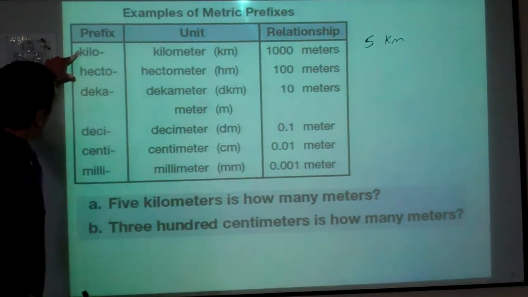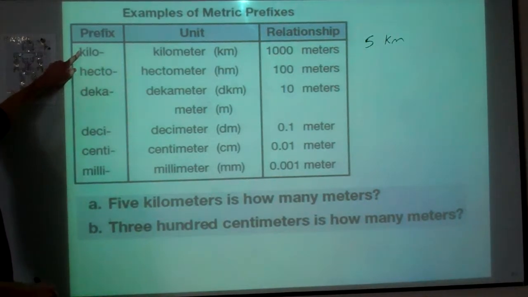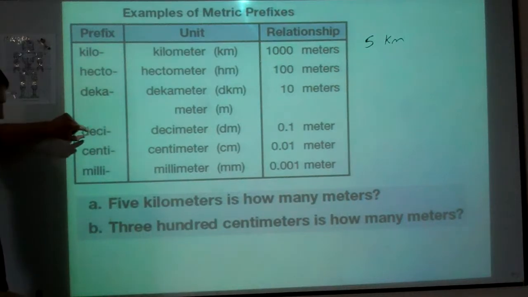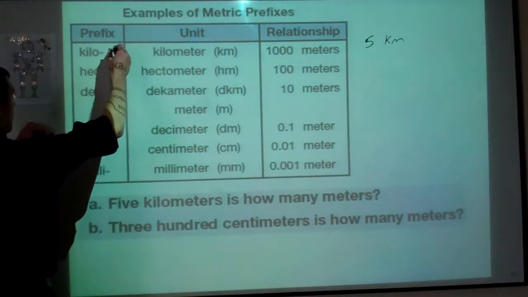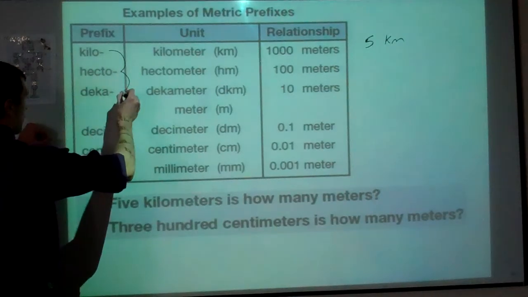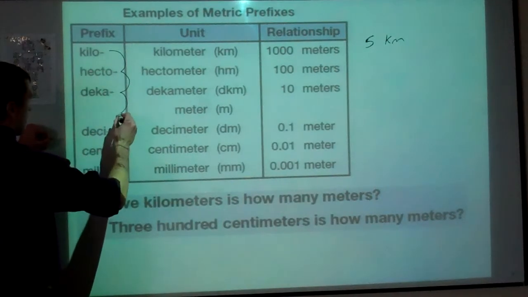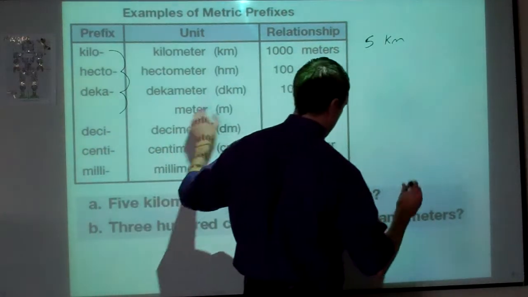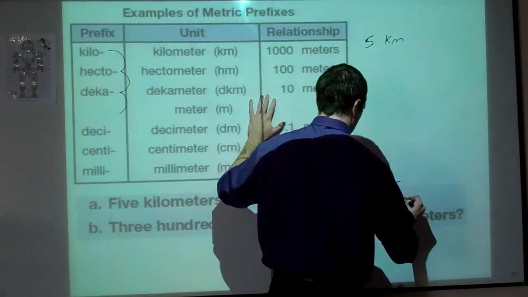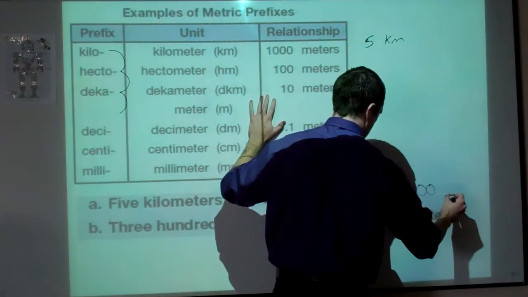Well, let's look at kilo and figure out how many spots we need to move to get to meters. We're going to go down 1, 2, 3. So we went down 3 spots, that means 3 zeros. So this would be 5,000 meters.